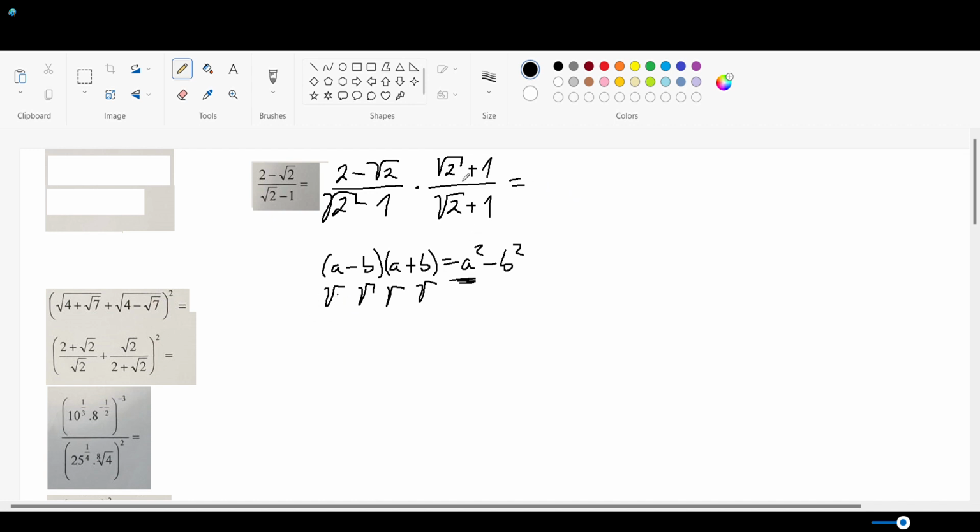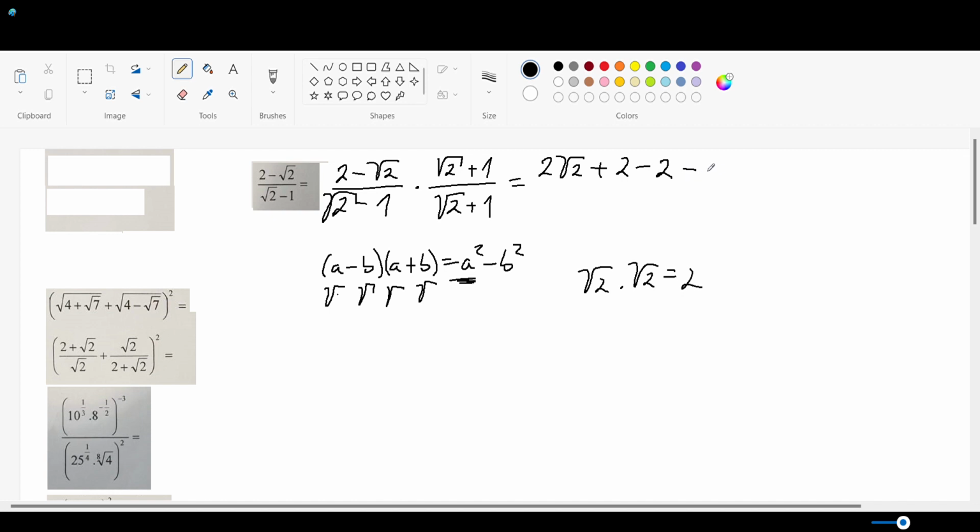So basically we apply 2 times square root of 2, we calculate numerators, plus 2, take away 2, because square root of 2 times square root of 2 equals 2, of course.